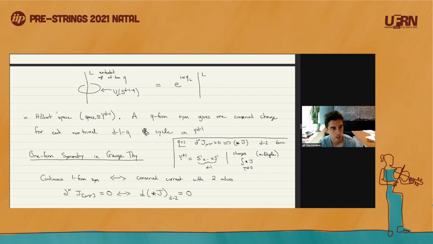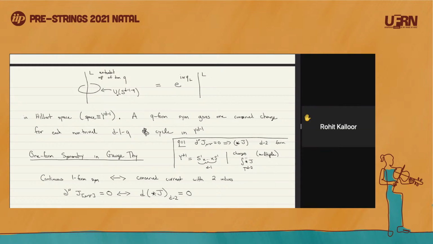This is the Hilbert space interpretation that I gave you up here. I've just done it for a particular case, Q equals 1, right here. Okay. And what I'm telling you is that a one-form symmetry is giving us multiple different charges. And when we talk about spontaneous symmetry breaking of a one-form symmetry in infinite volume, we are talking about the breaking of these charges acting on the vacuum. Okay.